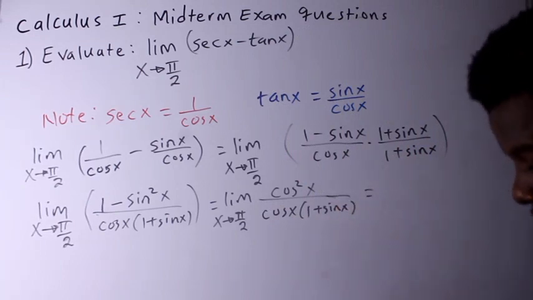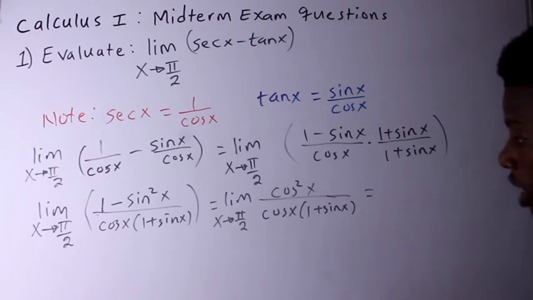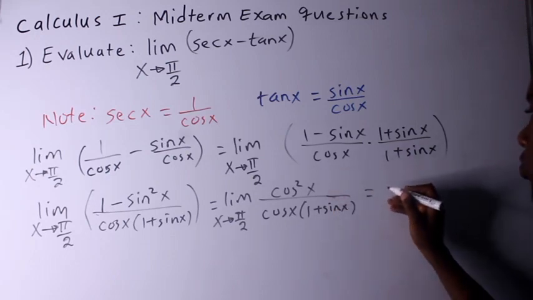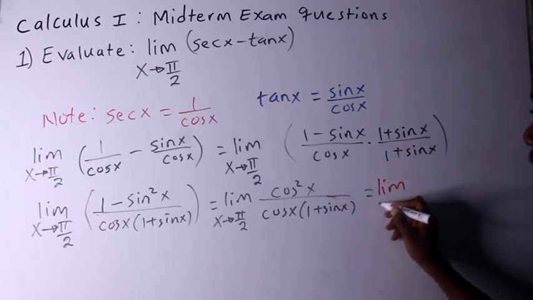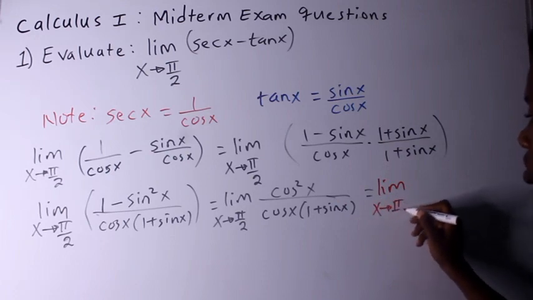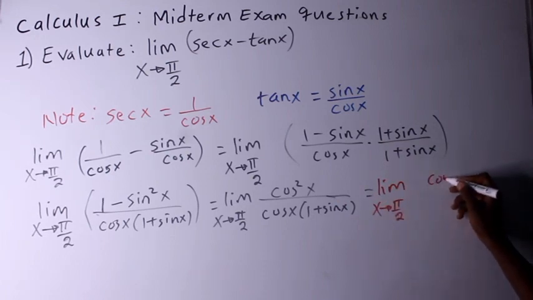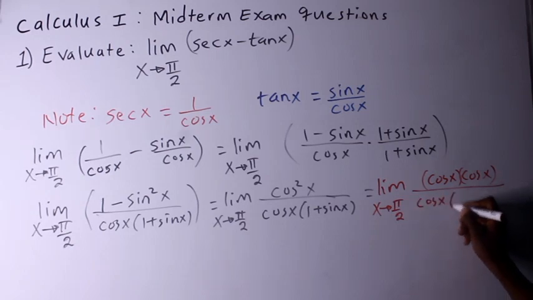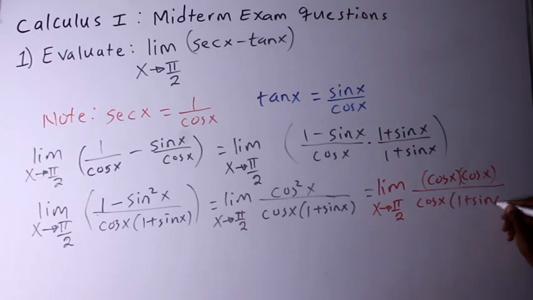If we do this, we are going to reduce. So this cos squared means we have 2 of the cosine up there. So we have the limit as x approaches pi by 2 of cos x times cos x, all divided by cos x times 1 plus sine x.